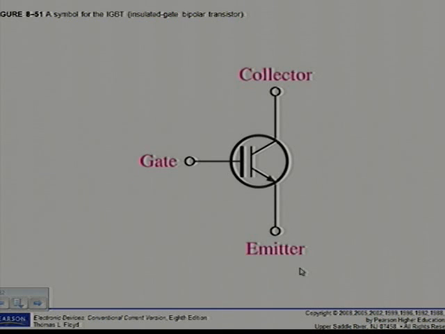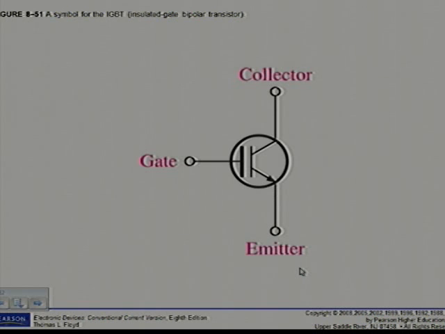BJTs are capable of higher currents than field effect transistors, but MOSFETs have no gate current because of the insulated gate structure. So IGBTs exhibit a lower saturation voltage than MOSFETs and have about the same saturation voltage as BJTs.